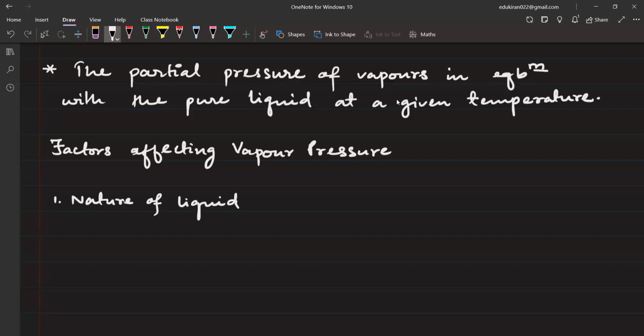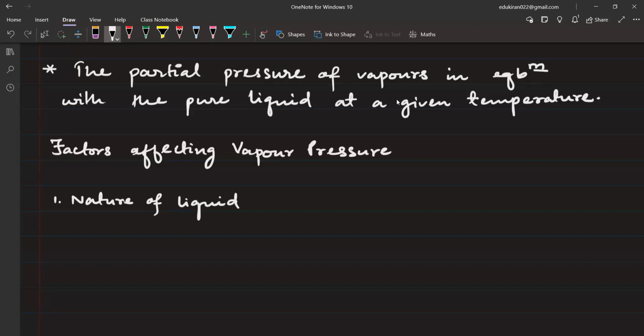Obviously, you must have seen that a liquid such as water takes time to evaporate. But if you have petrol or some kind of flammable oil, or ethanol that is present in deodorants, they get vaporized very easily. That means they get converted to vapors very easily. That is why the nature of liquid is very important.